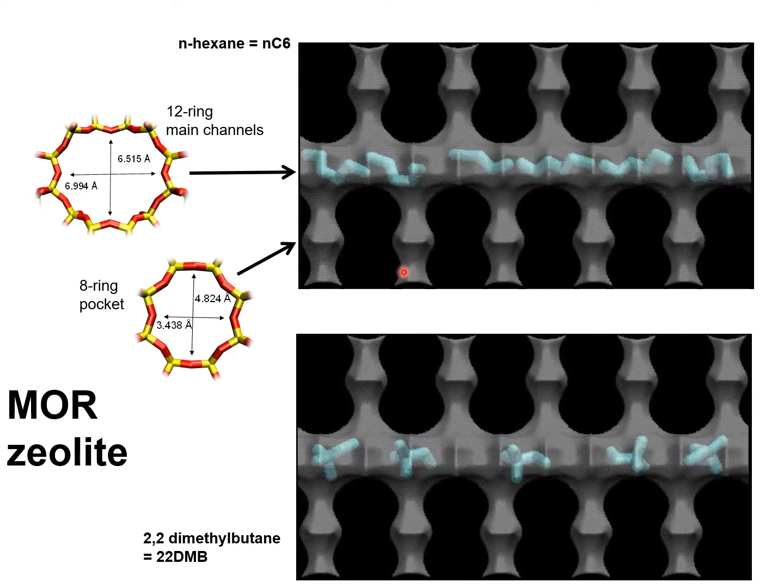In principle, it is possible, therefore, to separate the isomers of hexane exploiting the entropy effects due to differences in the molecular footprints.